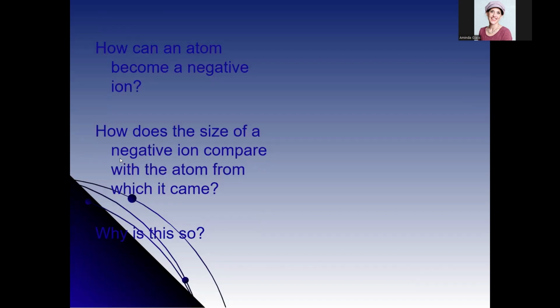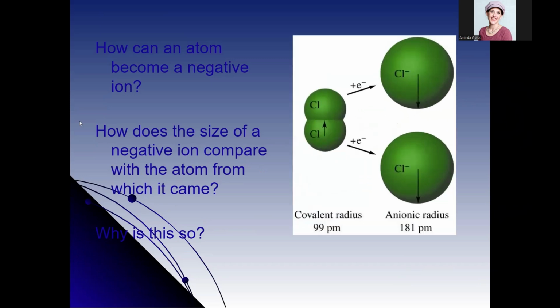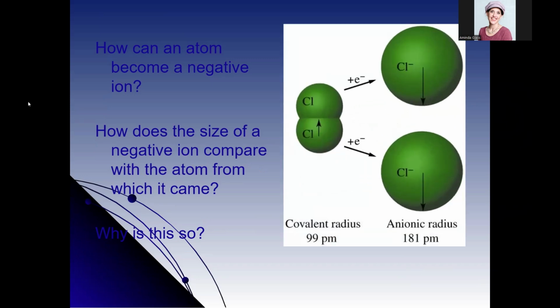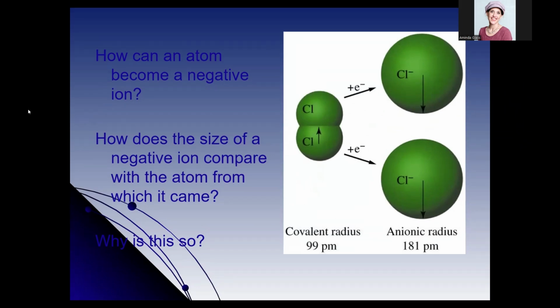Now, how can an atom become a negative ion? We've already talked about this as well. We saw that chlorine took one of sodium's electrons. And so it takes another electron.